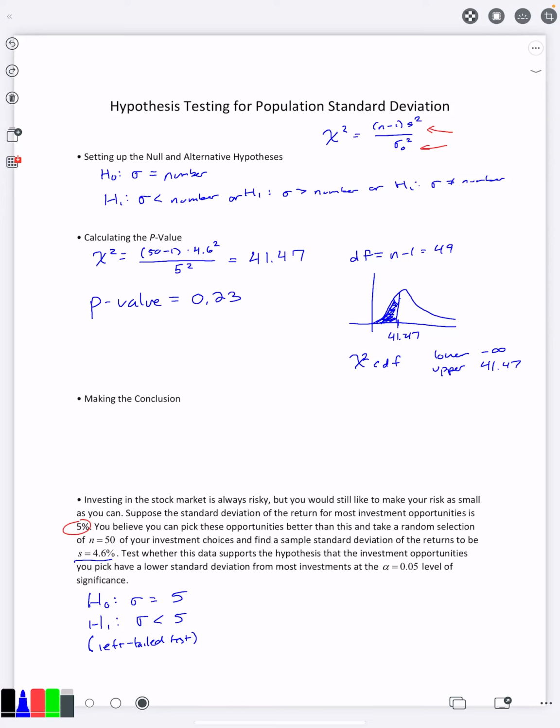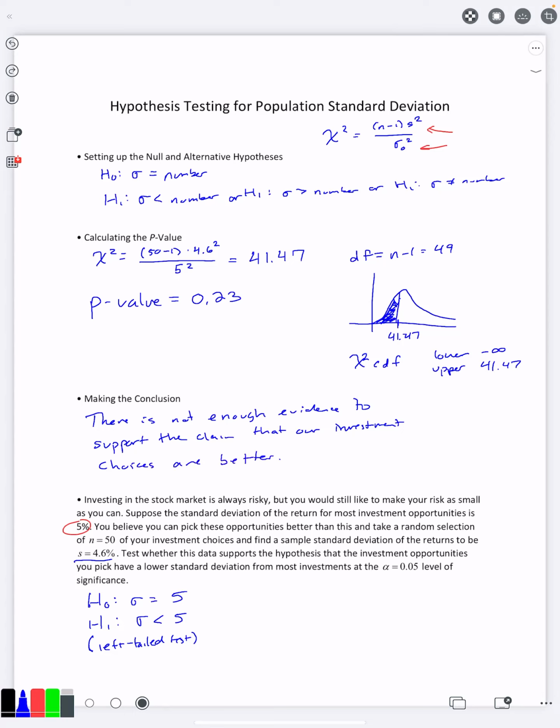Now, again, that doesn't mean that we have proven that H0 is true. You are never going to prove H0 is true. We don't know that. All we can say is there is not enough evidence to support the claim that our investment choices are better.